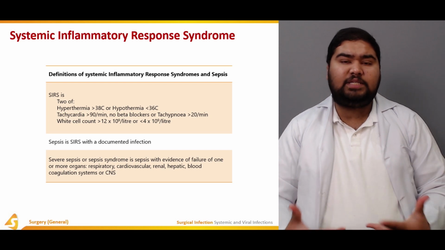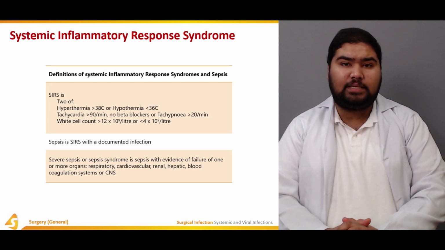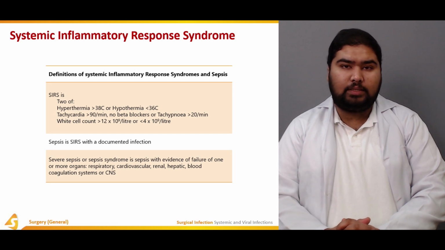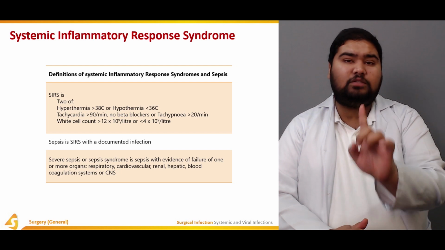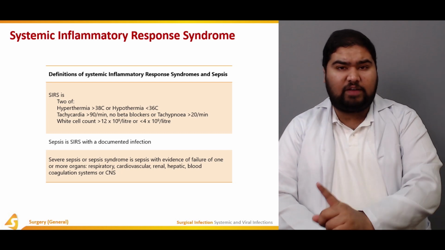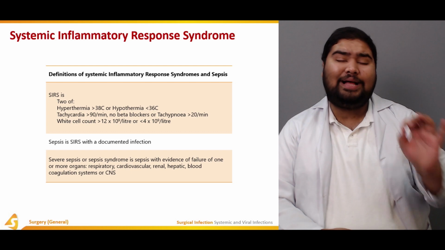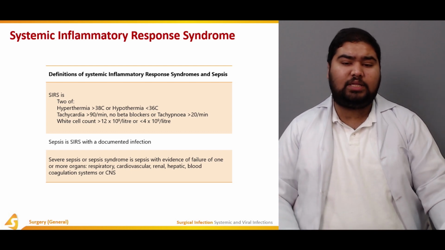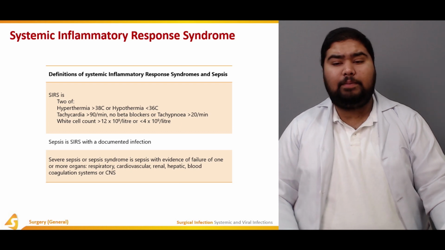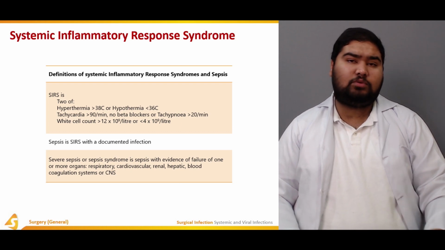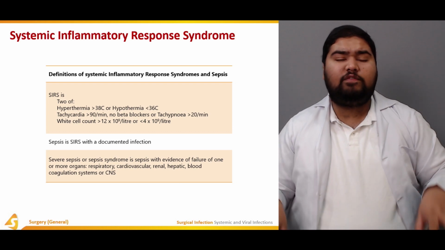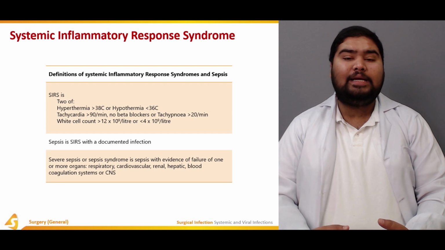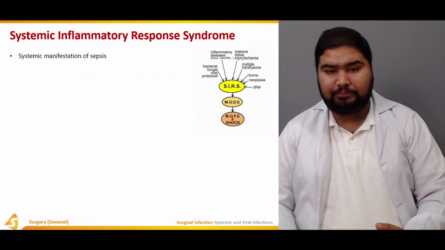Now, severe sepsis or sepsis syndrome is sepsis with evidence of failure of one or more organs, be it the respiratory, the cardiovascular, the renal, the hepatic, the blood coagulation systems, or the CNS, any of it. If a patient is in this condition, this is known as severe sepsis or the sepsis syndrome.